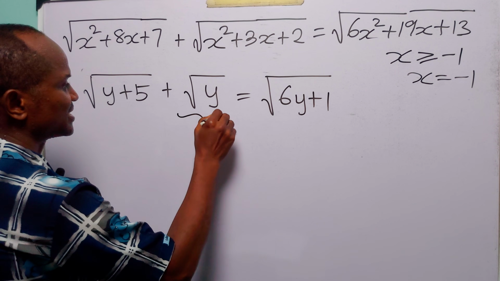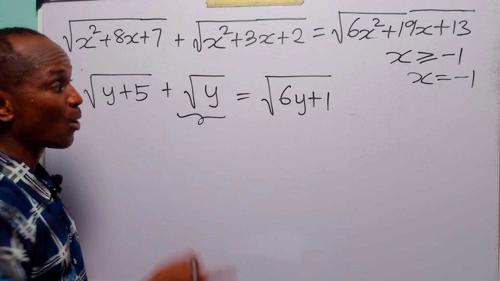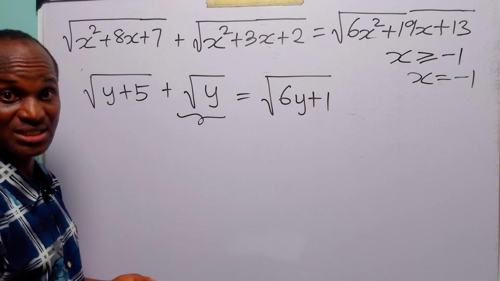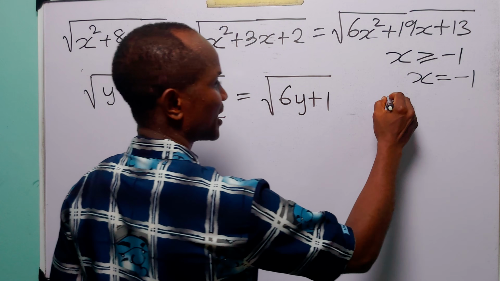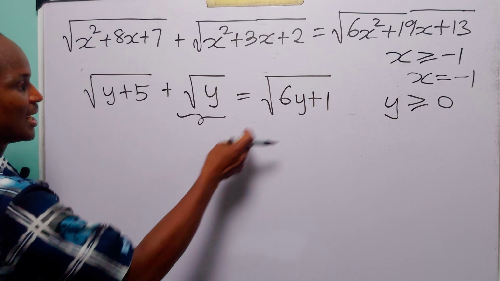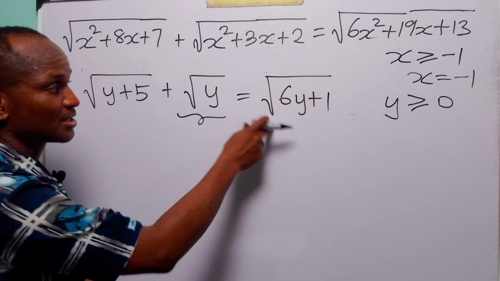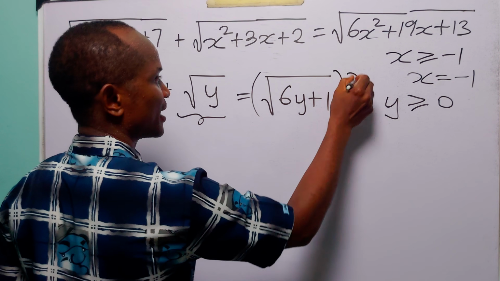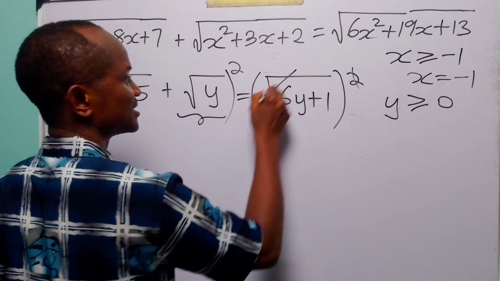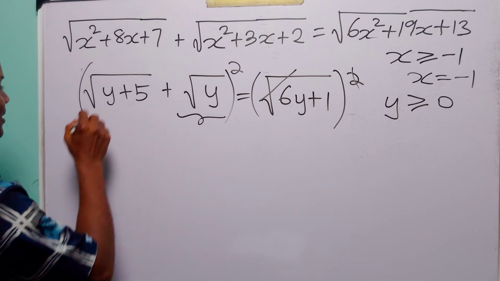And of course, because of this term, you know that any value of y that satisfies this radical equation must be positive or equal to 0. So we have that y must be greater than or equal to 0. Now, to get rid of this square root, we are going to square both sides of this equation. Of course, this is going to take care of that.